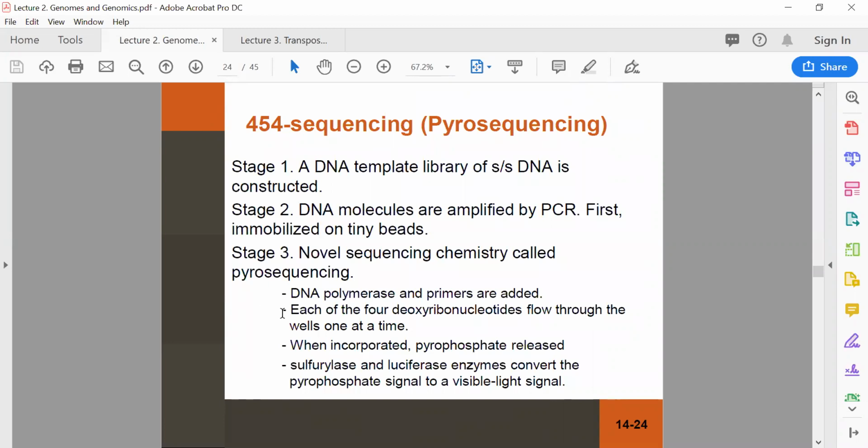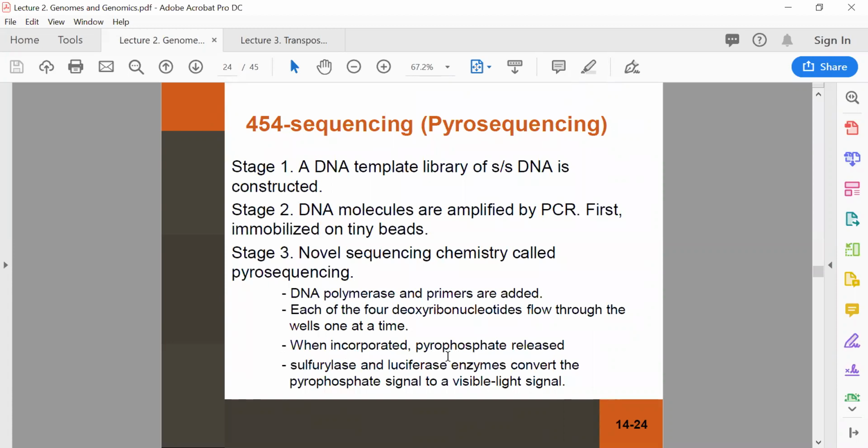So the 4 deoxyribonucleotides, of course, you're familiar with. Then when each of the nucleotides are incorporated into that complementary sequence of DNA that's being synthesized, then a pyrophosphate is released. And you might remember your pyrophosphate, PPi, we abbreviate it to PPi. And that's also something that goes back to one of your living systems pracs on enzymology.